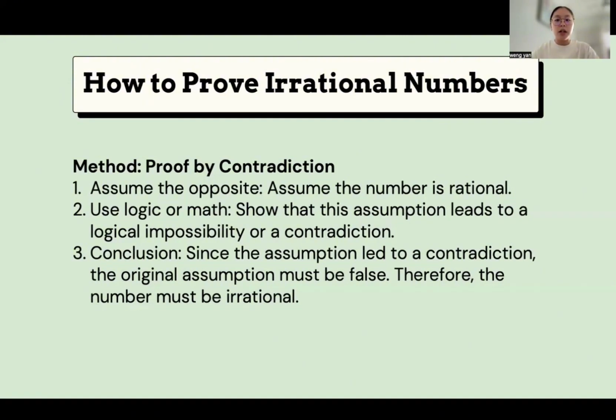Next, we use logic or math. We then manipulate this assumption using algebra. If our assumption is true, the resulting equations must also be true. We perform these calculations hoping to find a problem. Lastly is the conclusion. If our logical steps lead to an impossible statement, a contradiction, then our initial assumption must be false. If assuming the number is rational leads to a lie, then the number must be irrational. This is how we gain certainty.